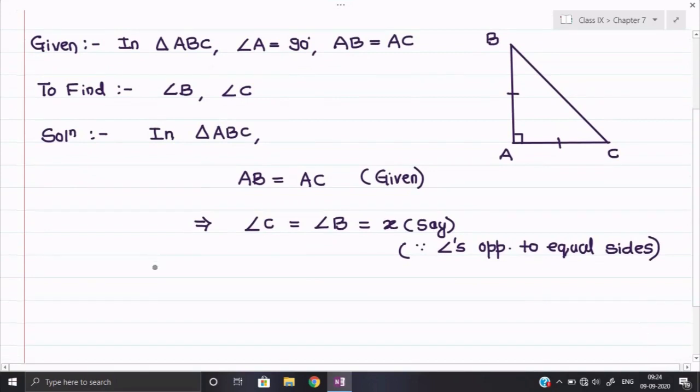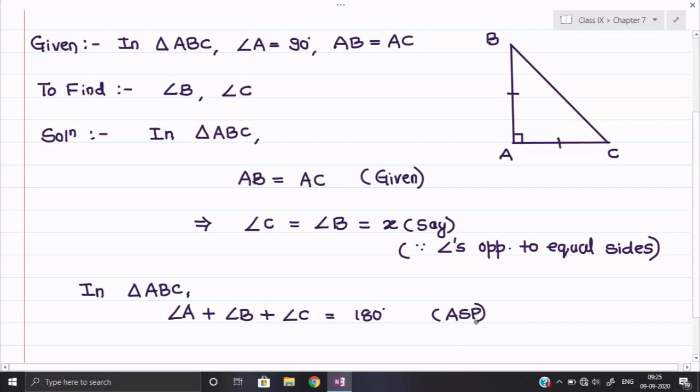So we shall take now triangle ABC. We'll write down further, in triangle ABC, angle A plus angle B plus angle C is equal to 180 degree. What have I applied here? Angle sum property, right?